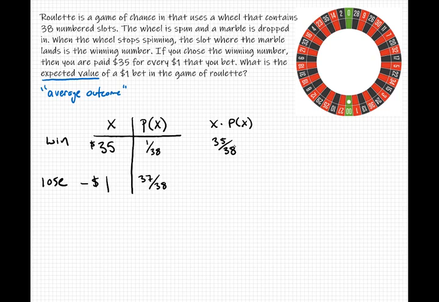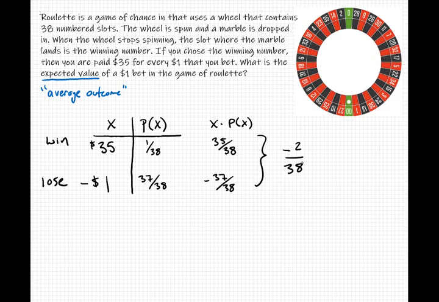And the outcome of losing $1 combined with its probability, if we multiply those two together, we get -37 out of 38. So putting this together, the weighted average, when we add them up, should be -2 divided by 38.